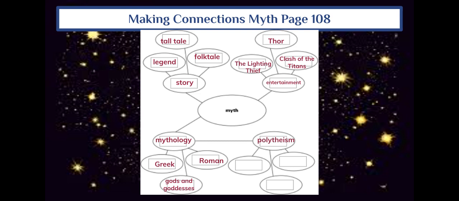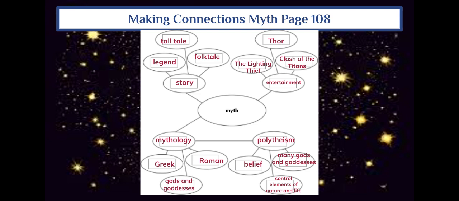Let's use the branches to help us remember what polytheism is and how it's related to mythology. Polytheism is a belief in many gods and goddesses that control elements of nature and life.